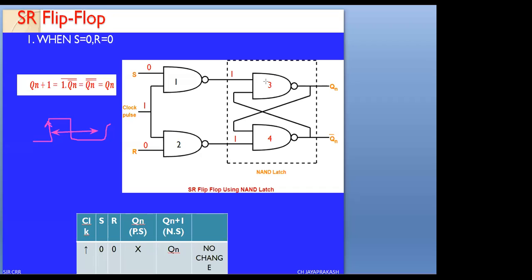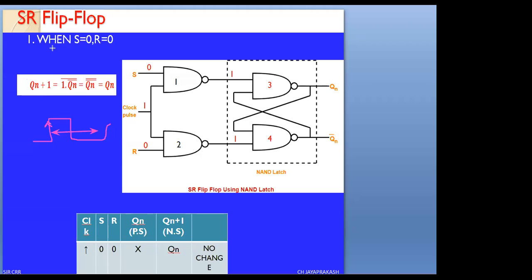For NAND gate 3, one input is 1 and the second input is coming from Q bar. Similarly, for NAND gate 4, one input is 1 and the second input is coming from Qn. Therefore, I am writing the equation for Q of n, and I am writing the next state of Q of n. You see here, this is the next state of Q of n.